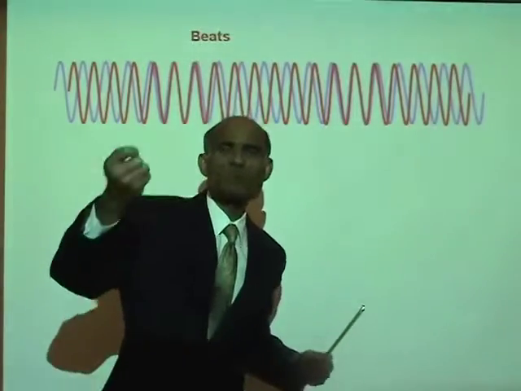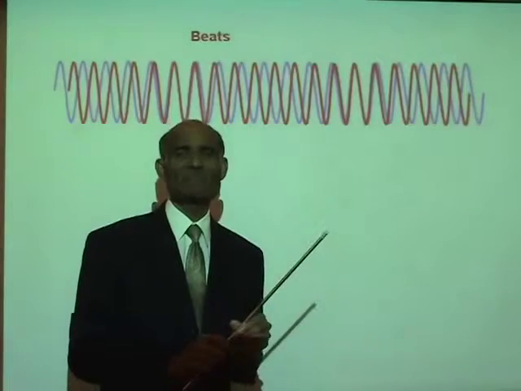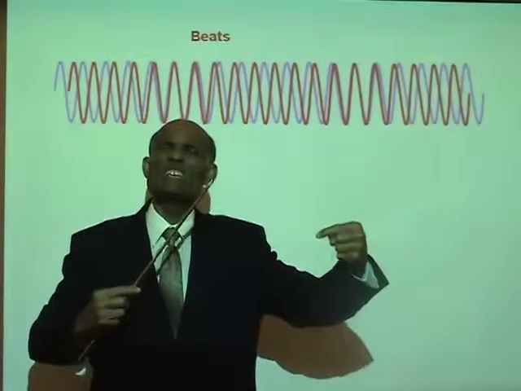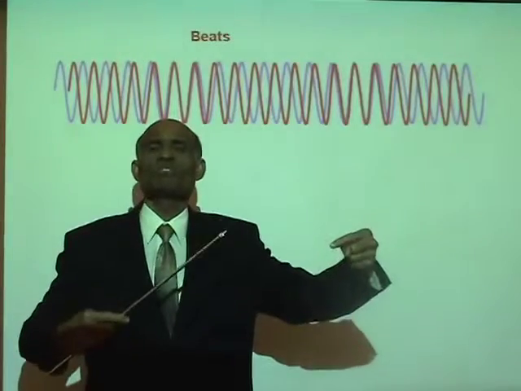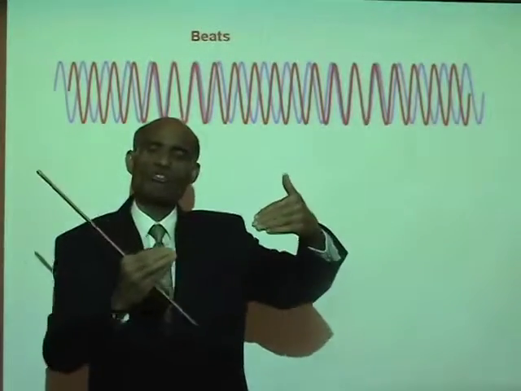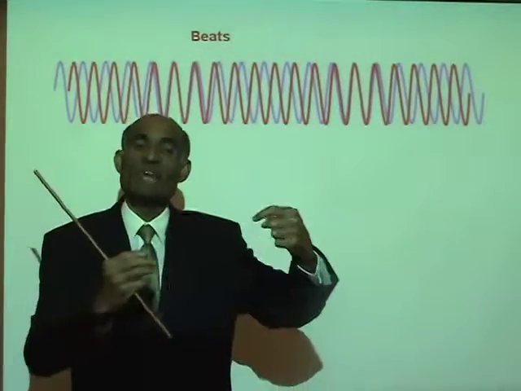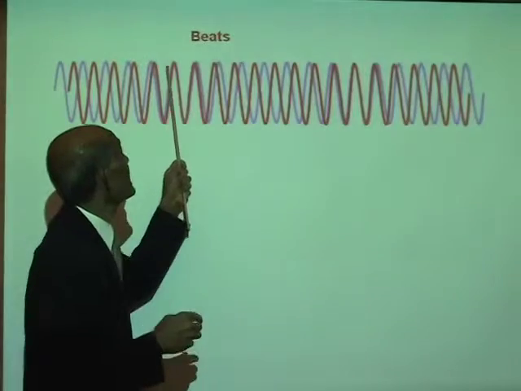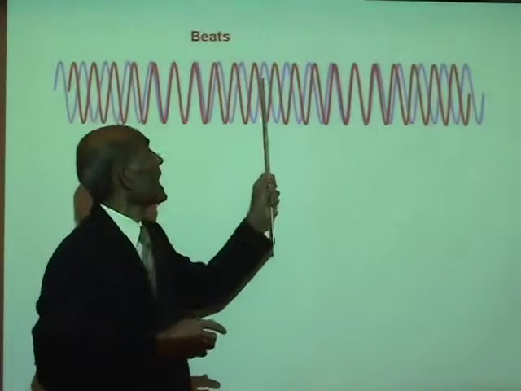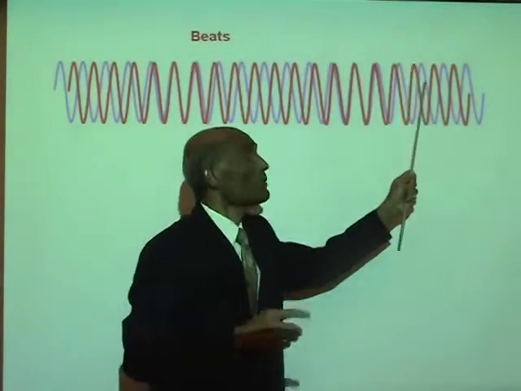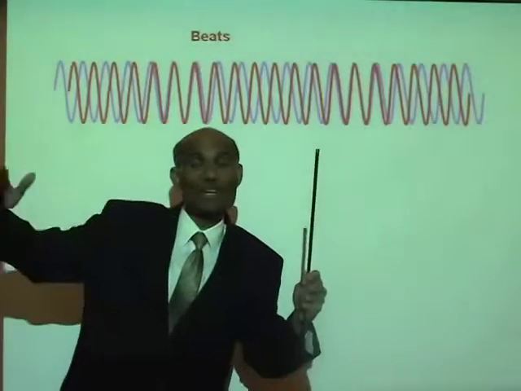So what would you expect to hear in such a case? When two sounds of very nearly equal frequency are produced together, as they advance in the medium, they get in phase, out of phase, in phase, out of phase continuously.